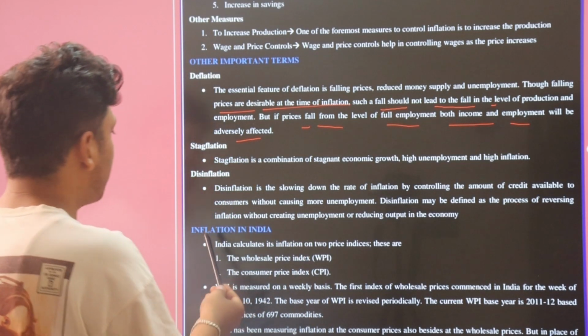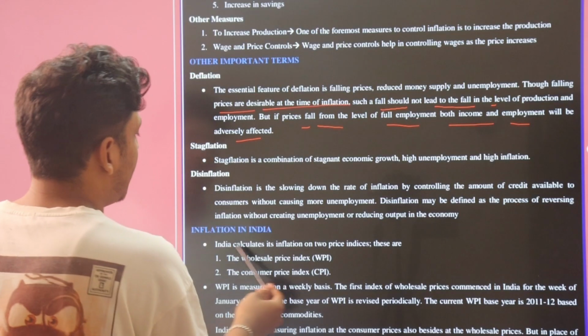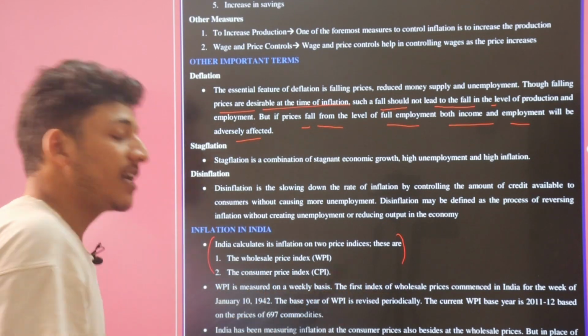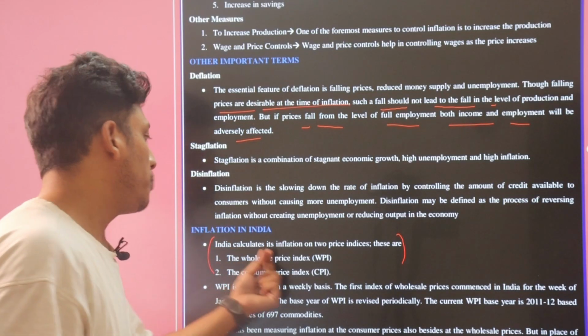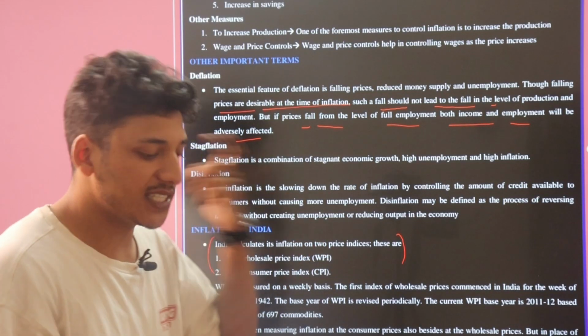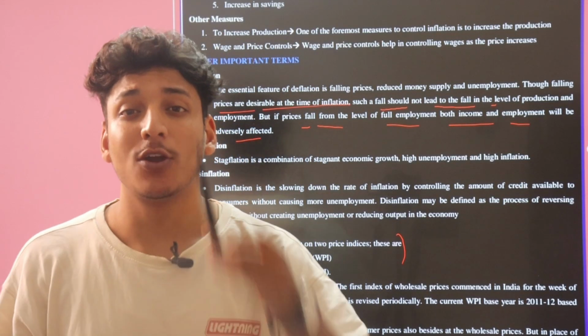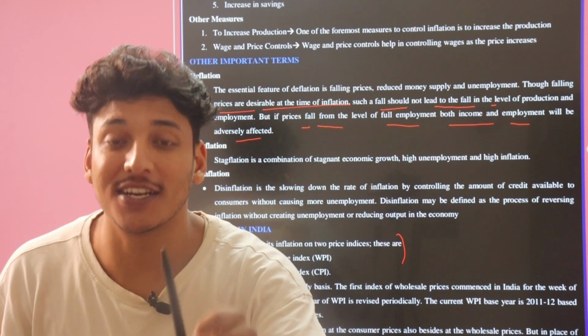Inflation in India. India calculates its inflation by two price indexes. In India, we calculate our inflation by WPI, the wholesale price index. Basically, the wholesale price index is an average of product prices at wholesale or manufacturer level in a week.